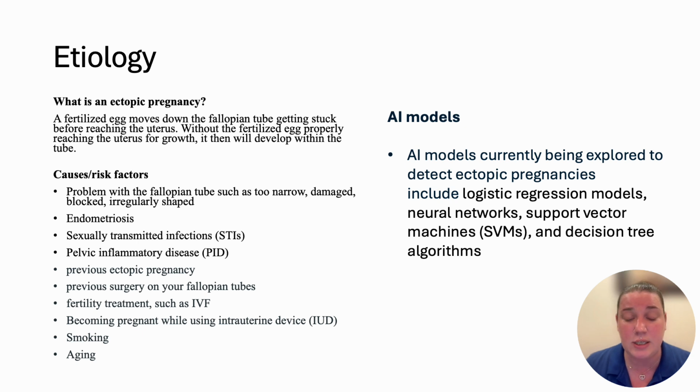And then smoking, and if you're at a higher age, you are at a higher risk. Now, there are some AI models that are being explored to detect ectopic pregnancies sooner, using things like support vector machines, which create algorithms from previous symptoms, previous cases, and put it all together to help patients.